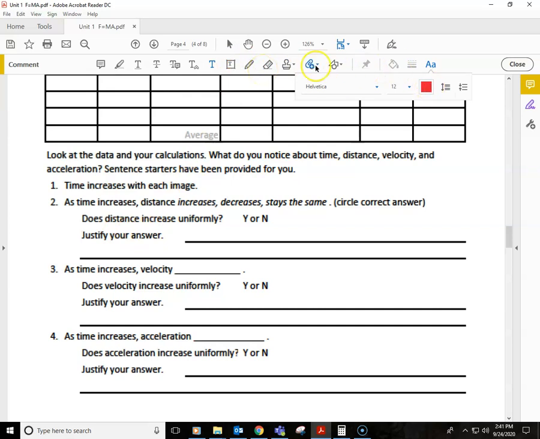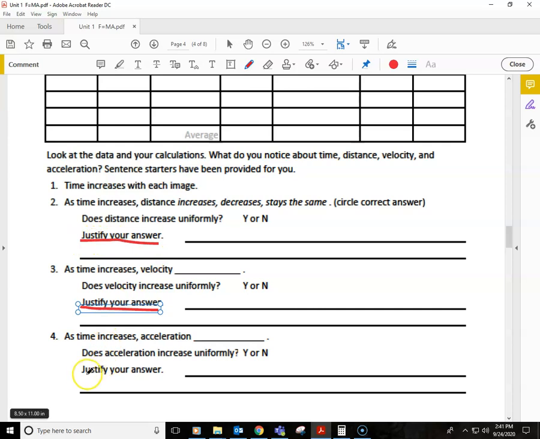So when it asks you to justify something, that means to explain why you gave your answer. What evidence do you have to support that idea? So make sure you're justifying or explaining why you gave a certain answer.